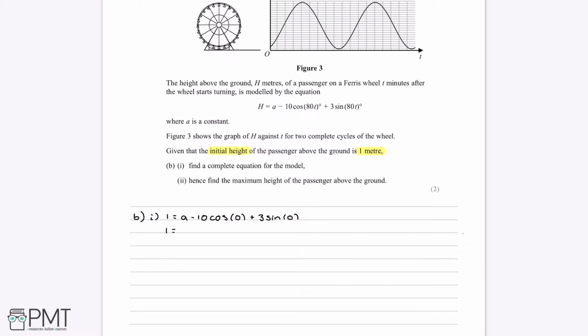Now if we simplify this a bit more, cos of 0 is equal to 1. That's just a general fact. So minus 10 cos of 0 is minus 10 multiplied by 1, which is just minus 10. And sine of 0 is equal to 0, so 3 times 0 is 0, so we don't need to write anything else now.